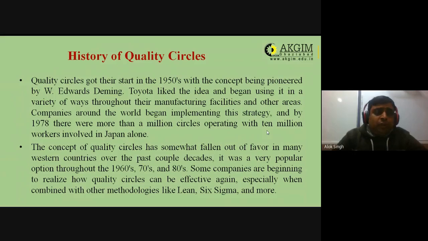If you talk about the history of quality circles, they got their start in the 1950s, with the concept being pioneered by W. Edward Deming. You have gone through the 14 principles of Deming; he made many contributions and is a renowned quality guru. He gave this philosophy to adopt quality circles.